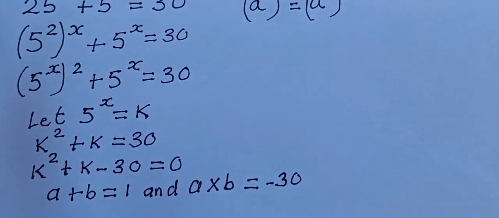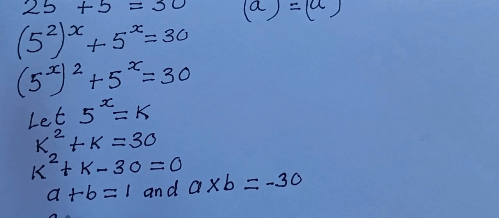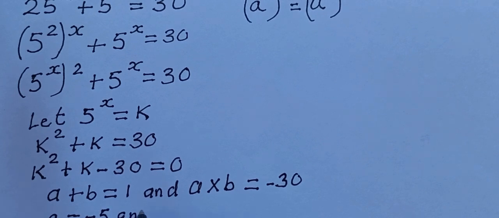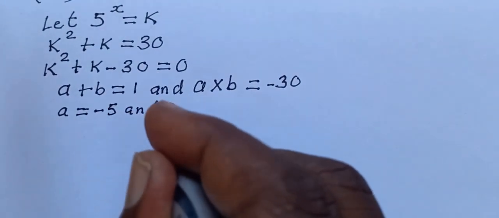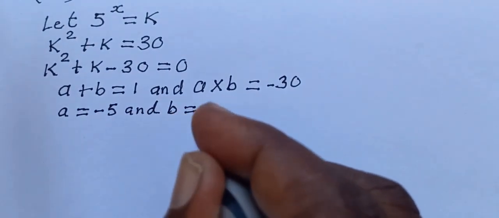We find that these numbers are negative 5 and positive 6. So in our case here, we have a equals negative 5 and b equals 6.